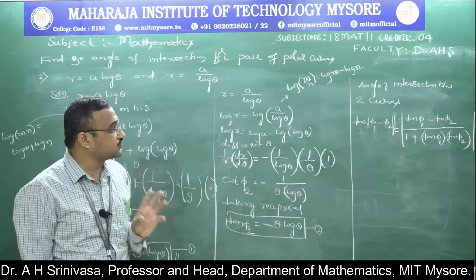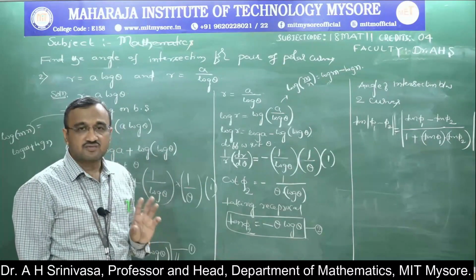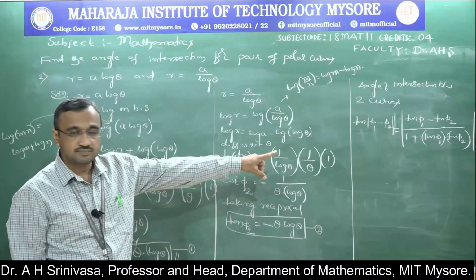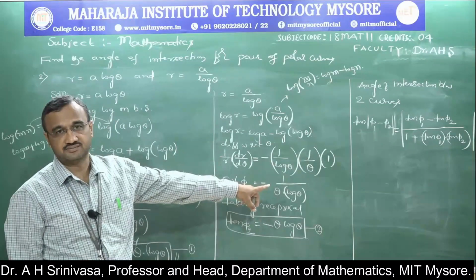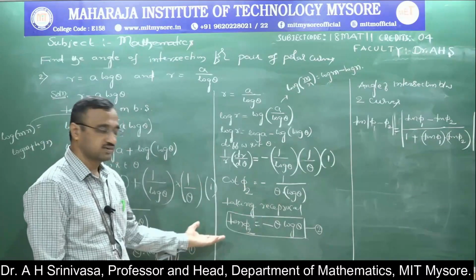Before substitution of the values of tan phi 1 and tan phi 2 in that equation, you have to find the value of theta. We don't know the value of theta.